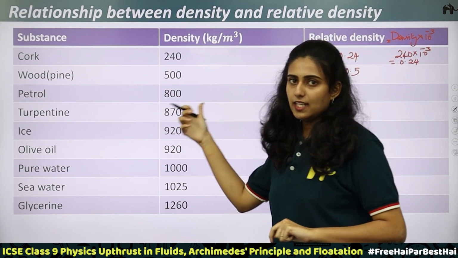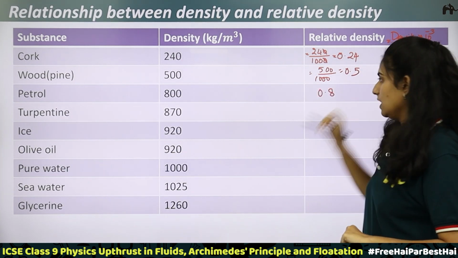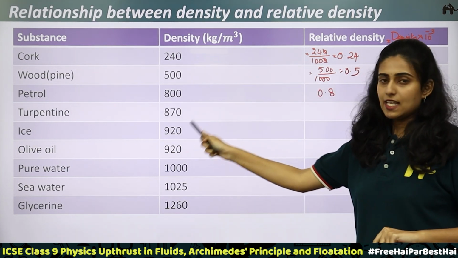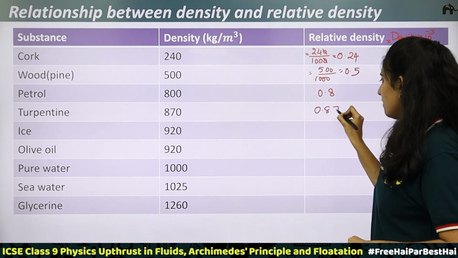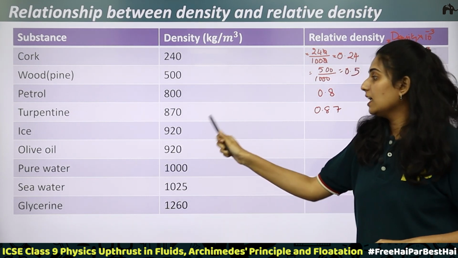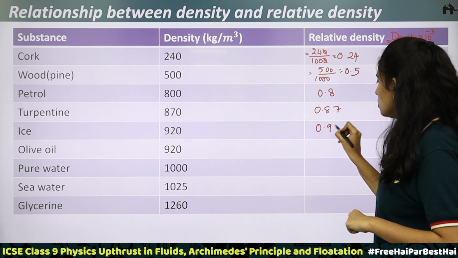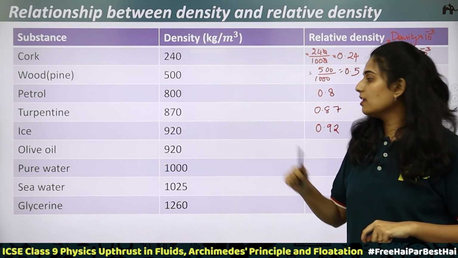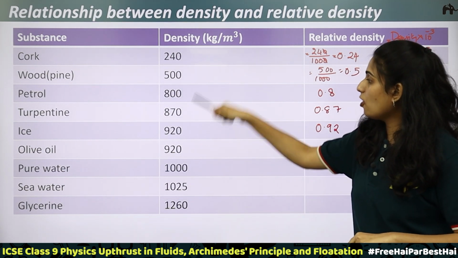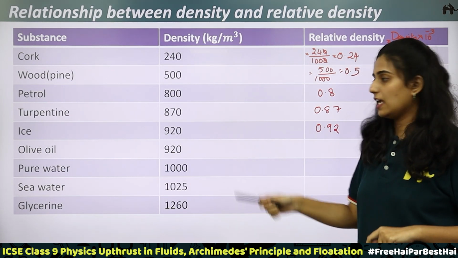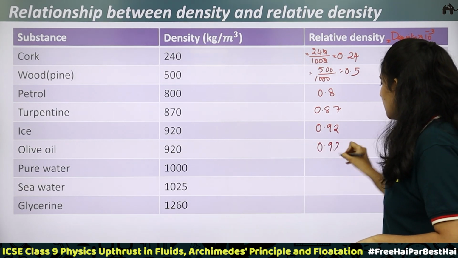For petrol, 800. 800 into 10 raised to minus 3, which is 0.8. Turpentine, 870. 870 into 10 raised to minus 3, 0.87. Next, ice, 920. 920 into 10 raised to minus 3, 0.92. Next is olive oil, 920, the same value. We have the density of olive oil and the density of ice the same, that is 920, so again 0.92.